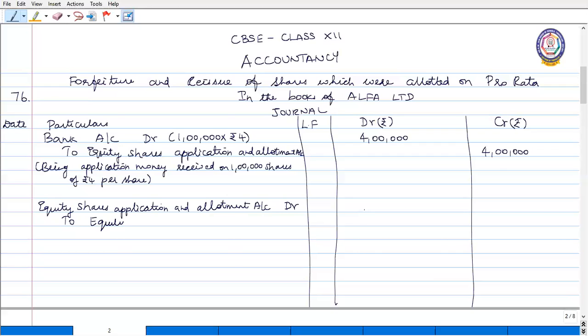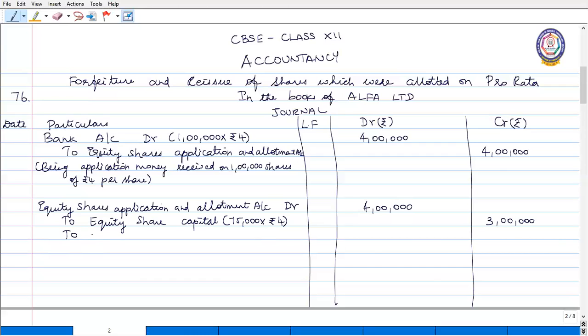Okay, so equity share capital account is credited with the amount which is only for 75,000 shares. Out of 4 lakh, only 3 lakh will be transferred to capital account, and the balance is adjusted towards share first call.